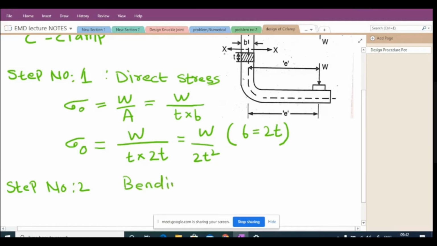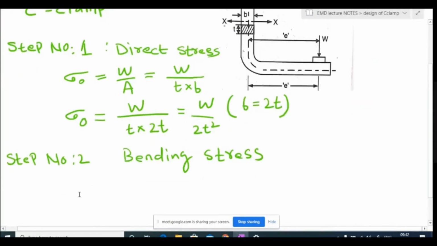Bending stress is given as sigma B, which is equal to M upon Z. M is nothing but W multiplied by E, and Z is I upon Y.